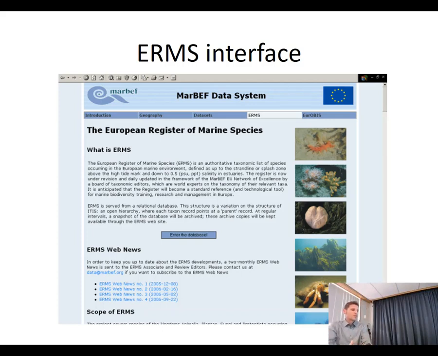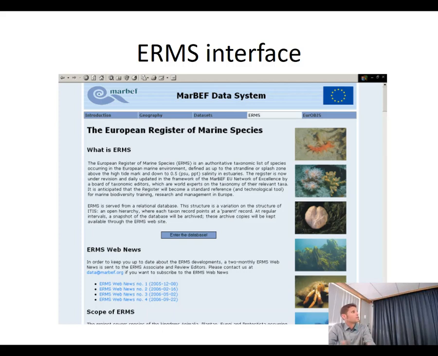We did the integration of ERMS in the database within the framework of a network of excellence called MARBEF, the Marine Biodiversity and Ecosystem Functioning project, funded under the 6th Framework Program, in which the data center of VLIZ was responsible for the data management of the project.